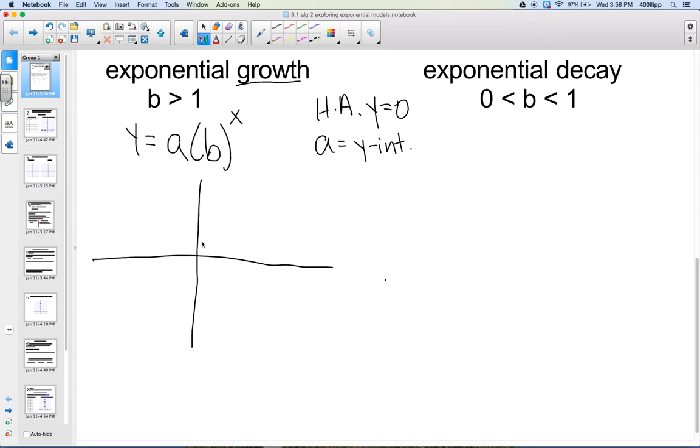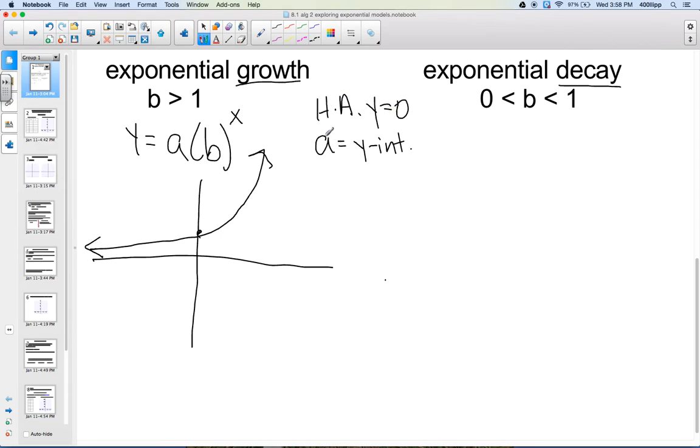So if we have exponential growth, it's going to be approaching your horizontal asymptote, which is y equals 0, and it will be growing exponentially. And this is what exponential growth will look like. Moving on, if we have exponential decay, hence the decreasing here, then we'll still have the horizontal asymptote at y equals 0.